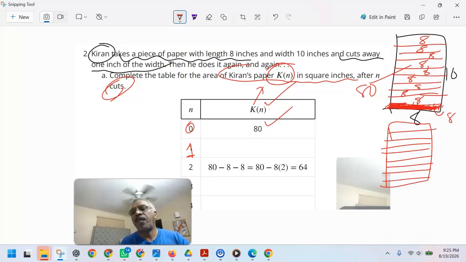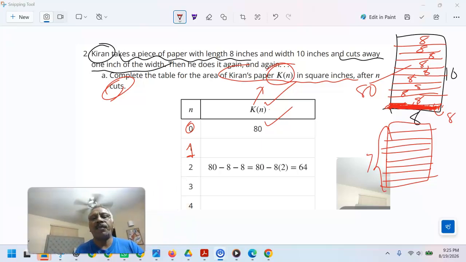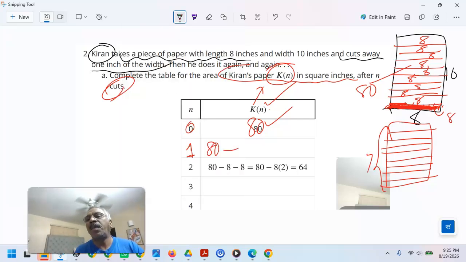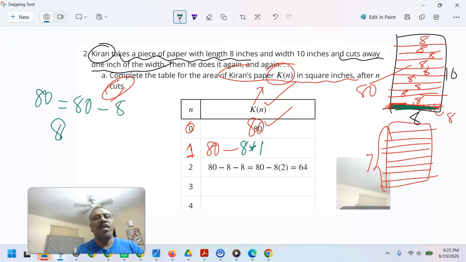So in the beginning it was 80, and from 80 you cut off one part, see? This 8 is taken off. So it is 8 multiplied by 1. Even though I could have written 80 minus 8, we can always write it as 80 minus 8 times 1, just to show that one cut is one cut.